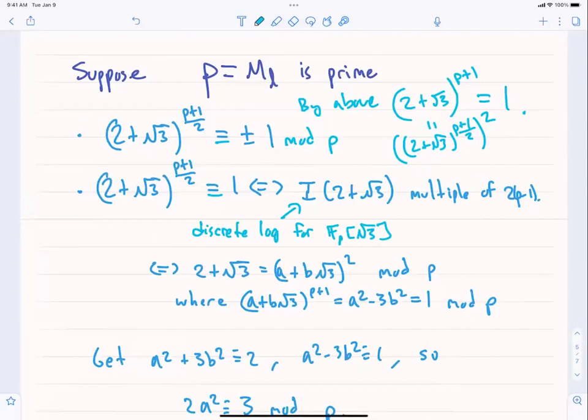I just have to fix some primitive p squared minus 1 root of unity and I get the discrete logarithm function. The only way that this can be equal to 1 is if this discrete logarithm is a multiple of 2 times p minus 1. So this discrete logarithm lives in Z mod p squared plus 1.